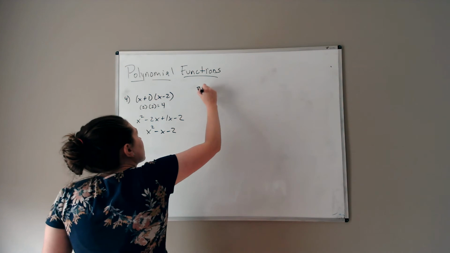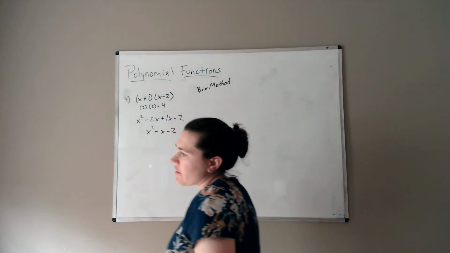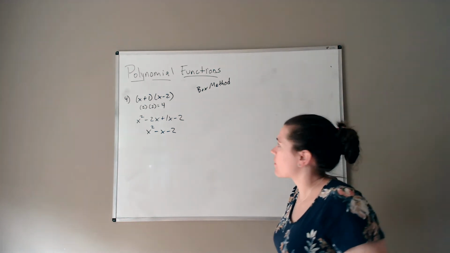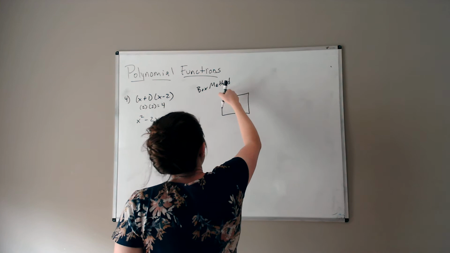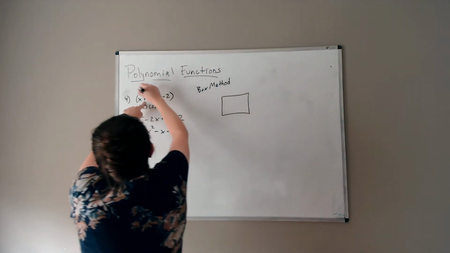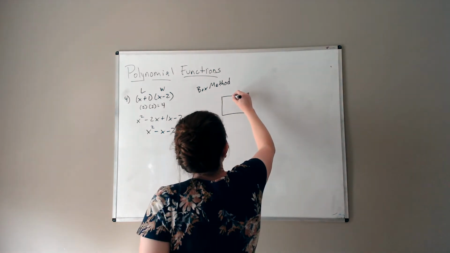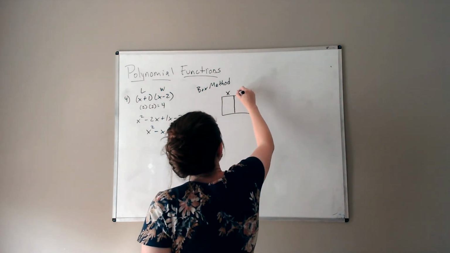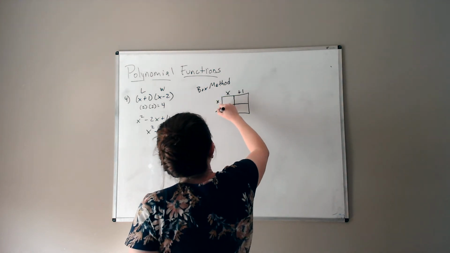There's something called the box method. It helps to see, okay, the area of a box is length times width. So you let the length of the box be one of the expressions, and you let the width of the box be the other. So this has two terms, x plus 1, and then you let the width be x minus 2.